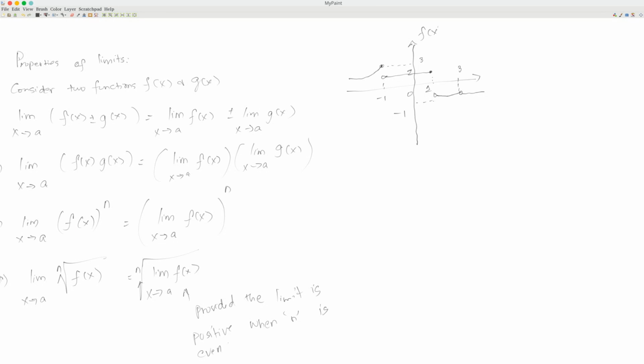That is the first function, f of x. Let's take the second function.